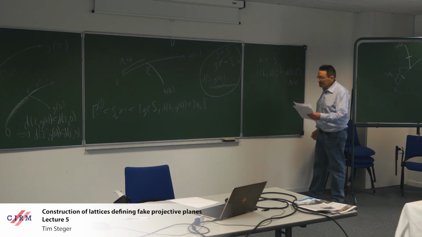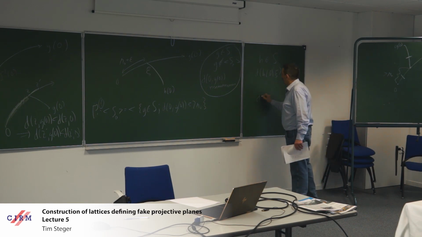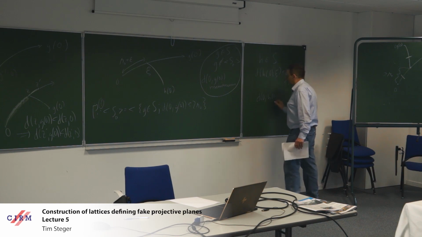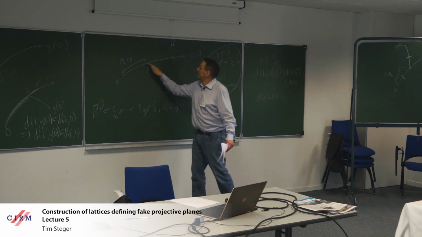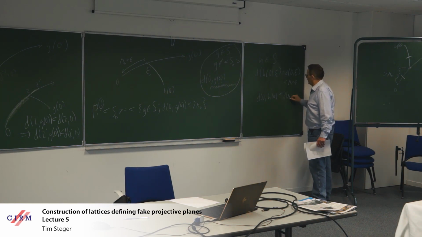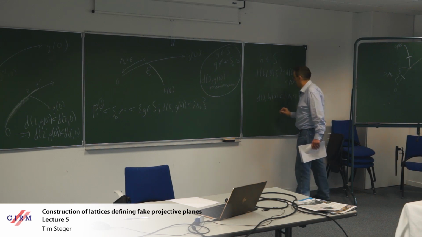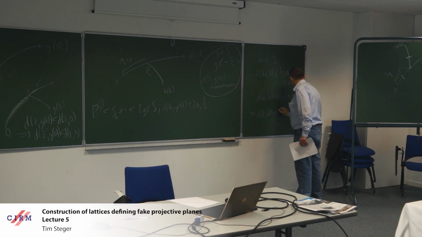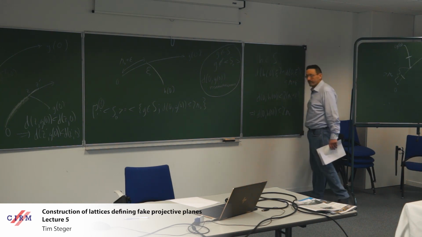From this, we can draw the obvious conclusion about the distance from 0 to h of 0. It's no more than this plus that again, so it's no more than twice R0 plus epsilon. And from that, we can deduce that it's less than or equal to 2R0.